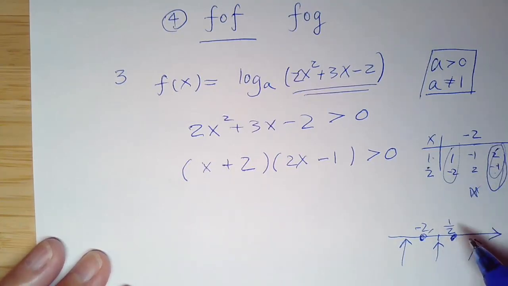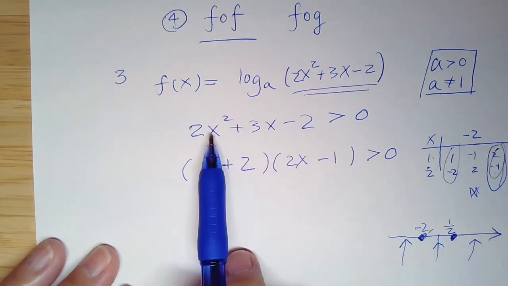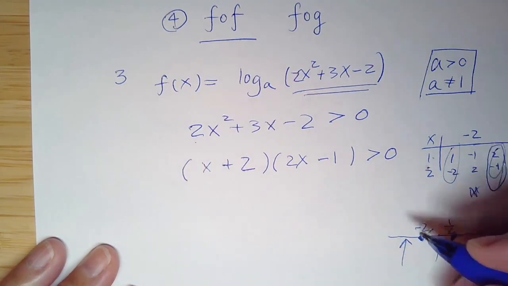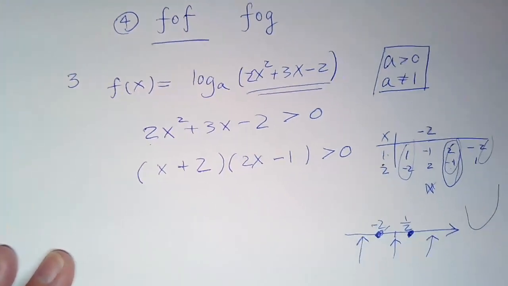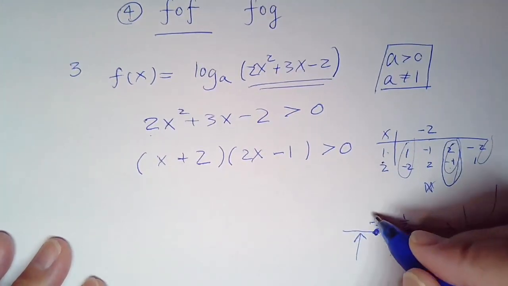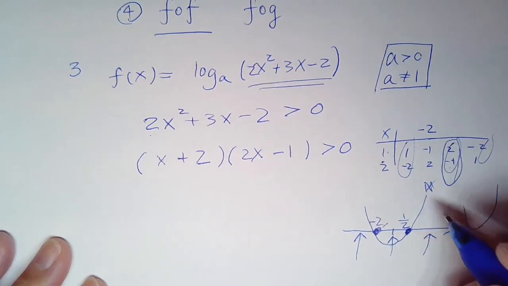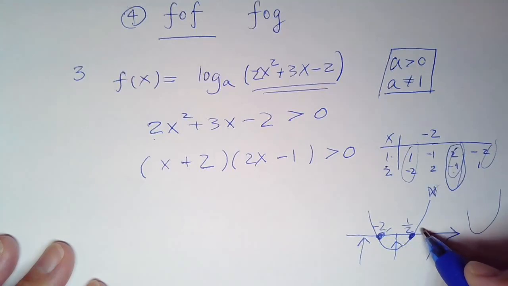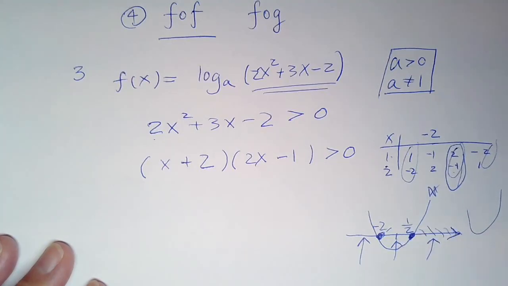Or you can go by the fact that the coefficient of the square term is positive, so the parabola opens up, and greater than 0 should be either this side or this side.